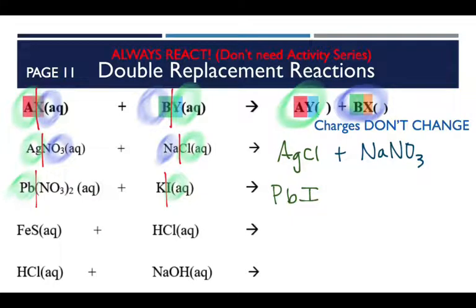But as I'm trying to check my charges, I has a -1 charge like it always does, but we don't know Pb's charge. So if you ever get into that situation, as long as it's a double replacement reaction, we're going to come back over to the original lead and this lead nitrate and figure out what lead's charge was here and use the same charge over on the product side.